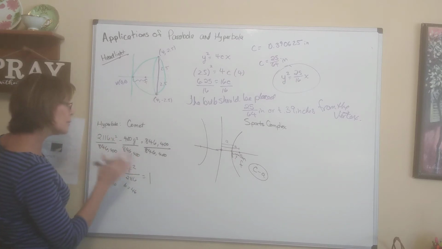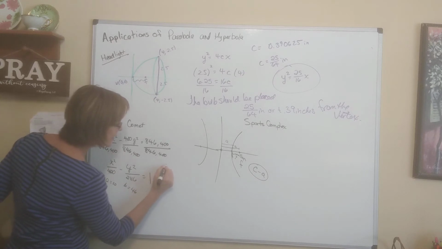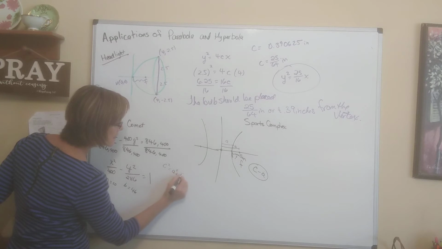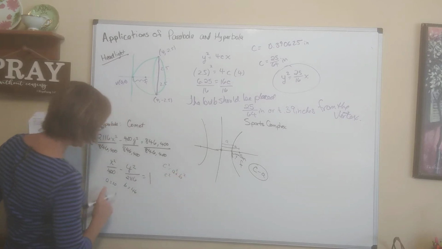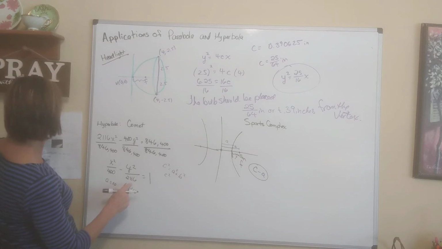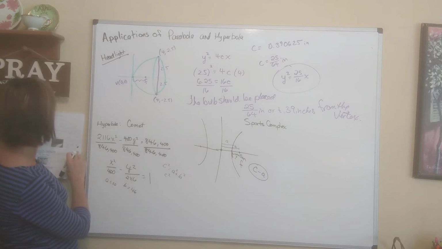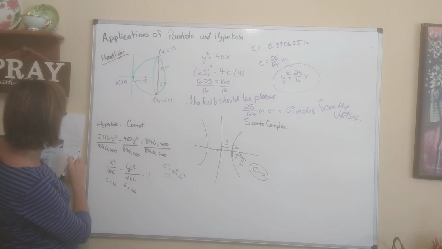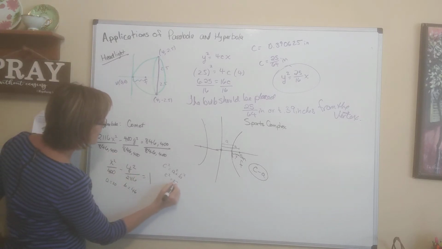And so for hyperbolas, it's the Pythagorean theorem: c squared is a squared plus b squared. So our c squared is going to be a squared plus b squared, and that is some big number. I think it's 2516.